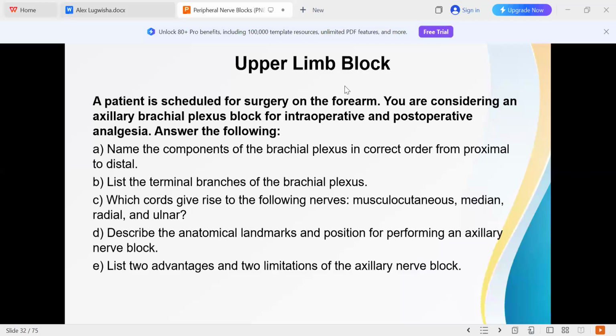Also it is not suitable for surgery involving the arm, especially the mid-humerus surgeries. And yes, that's my try, Chief. Thank you, Prof. Beautiful, good try. Okay, so let's look at our lecture.